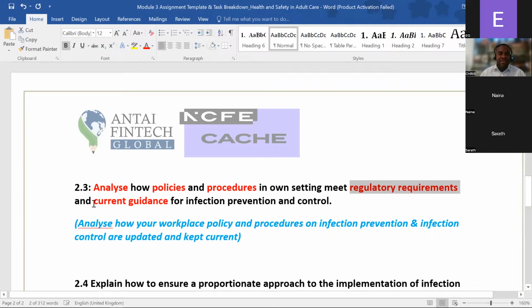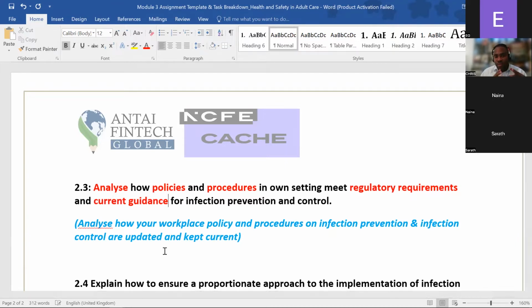Current guidance means if there is any change in the law, the policy must also reflect it. So one of the things I'll be looking at in answering this question would be, how often is the workplace policy and procedure reviewed and updated? Because if inspectors come, they want to find out if the policy is up to date. For example, if there is any change in law today, they have to make sure the change is reflected in the policy so that the policy is current and up to date.